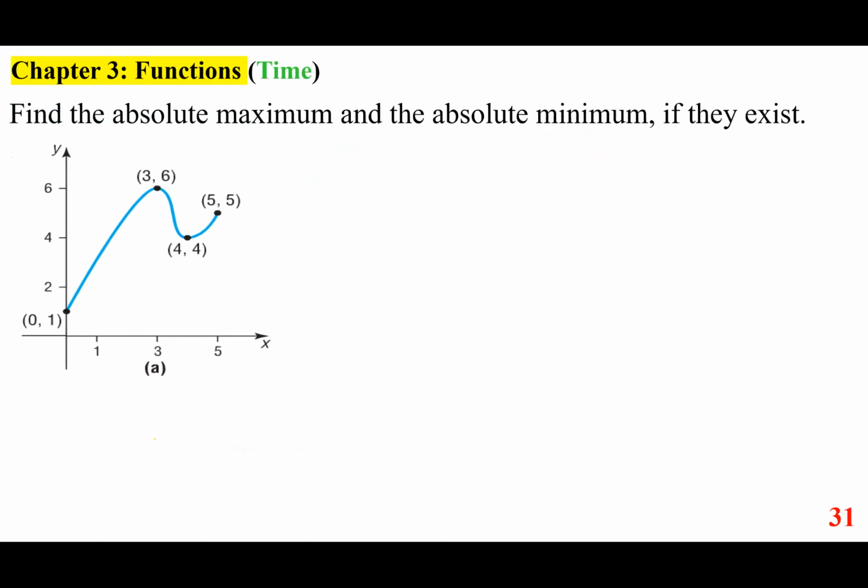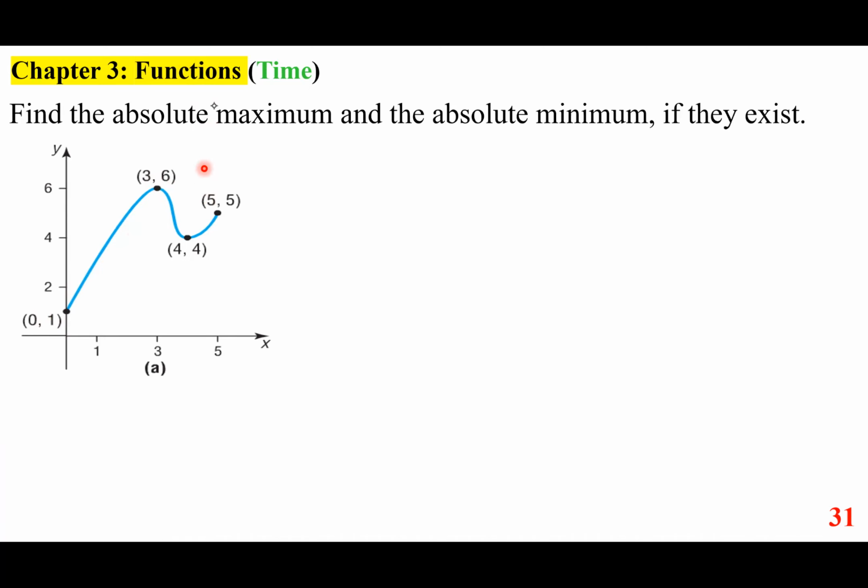I want to look at this question also. We want to find the absolute max and the absolute min if they exist. So notice this is the location of an absolute max because there is no other point having a larger y coordinate.